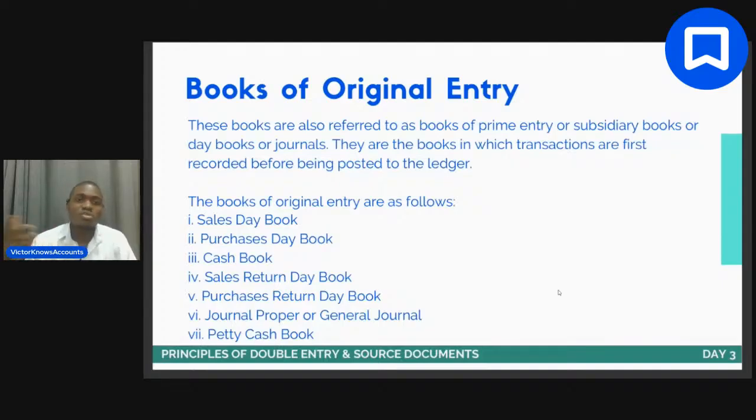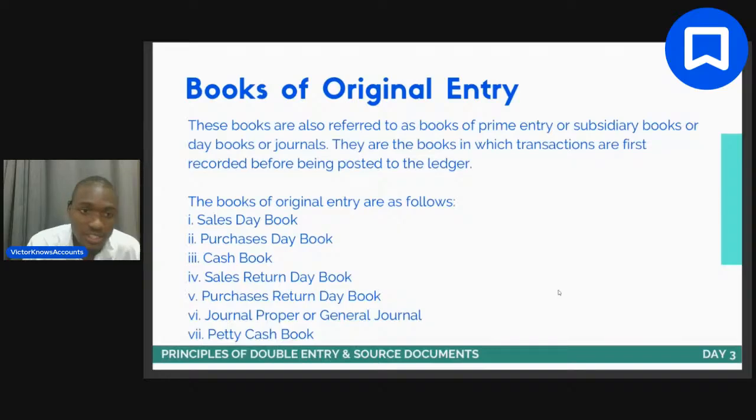For example, it does not make sense for a very big company that works around millions and billions to be showing transactions such as we bought something worth 500 naira, 1,000 naira, 10,000 naira. So they have something called a petty cash book.